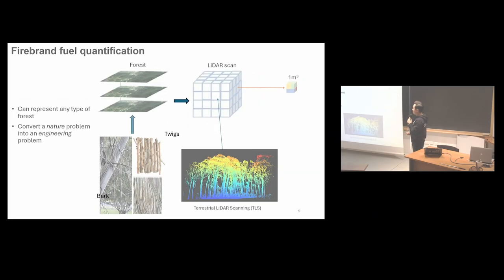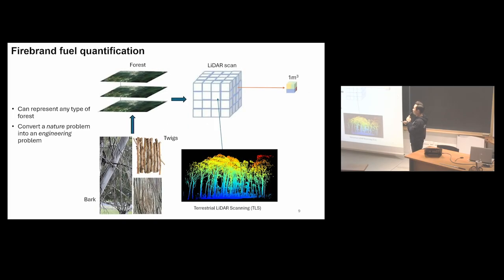For the firebrand fuel quantification, we use TLS, terrestrial lidar scanning, to scan the forest. It builds a 3D map of the forest, and then we use an algorithm to categorize the branches in this data.